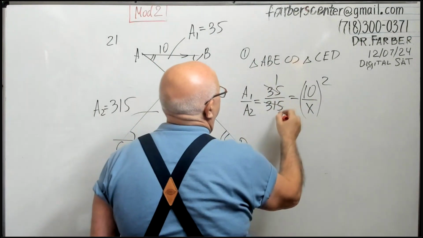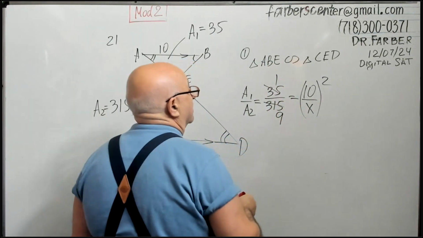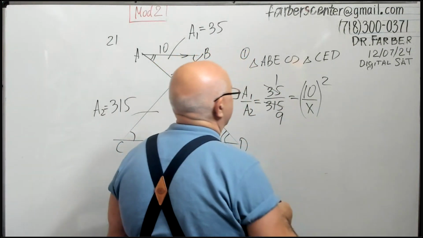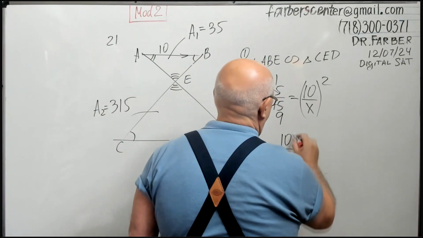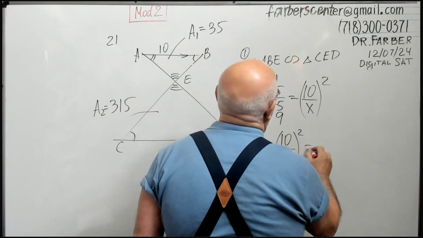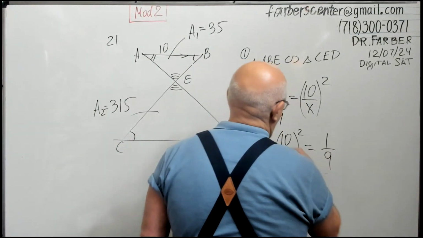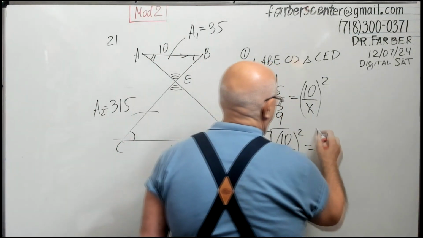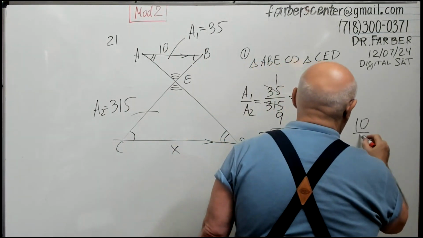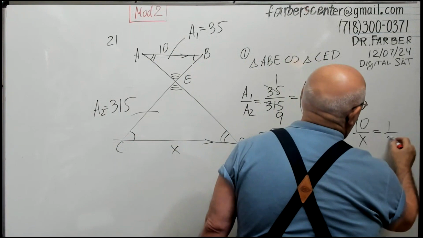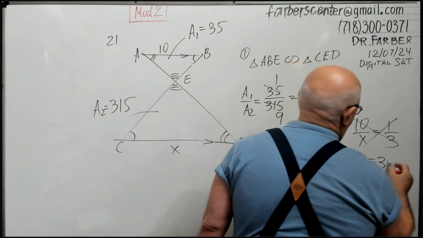Simplify this, it is 1 over 9. So 10 over x squared equals 1 over 9. Take the square root of both sides and you have 10 over x equals 1 over 3. x equals 30. We did it.